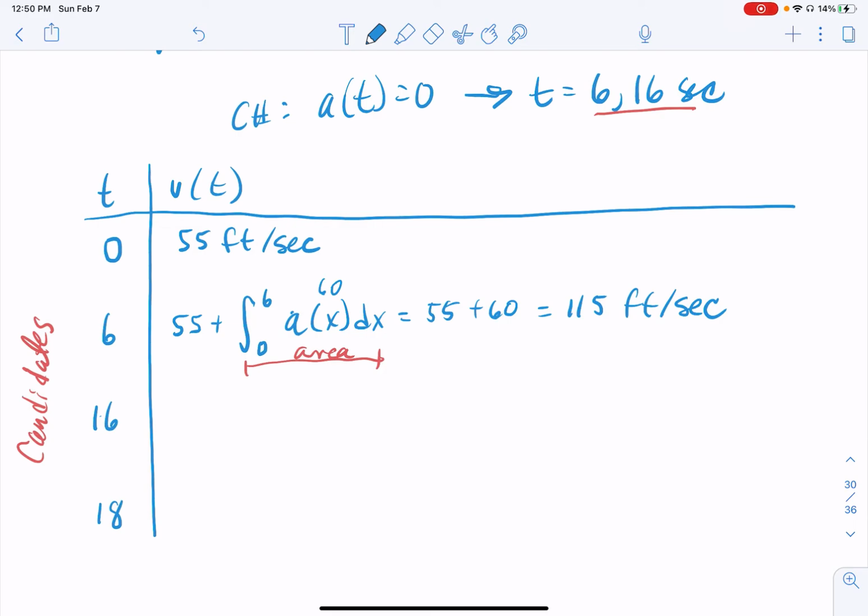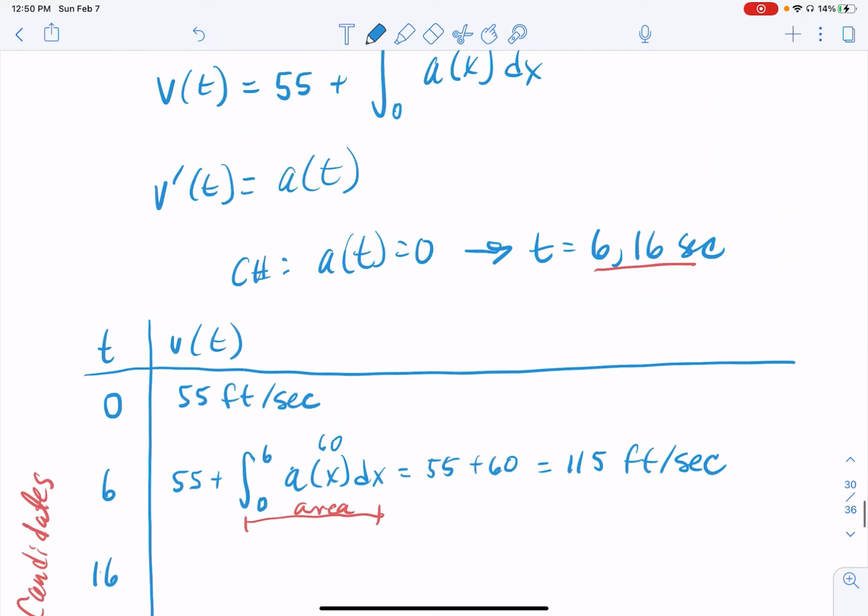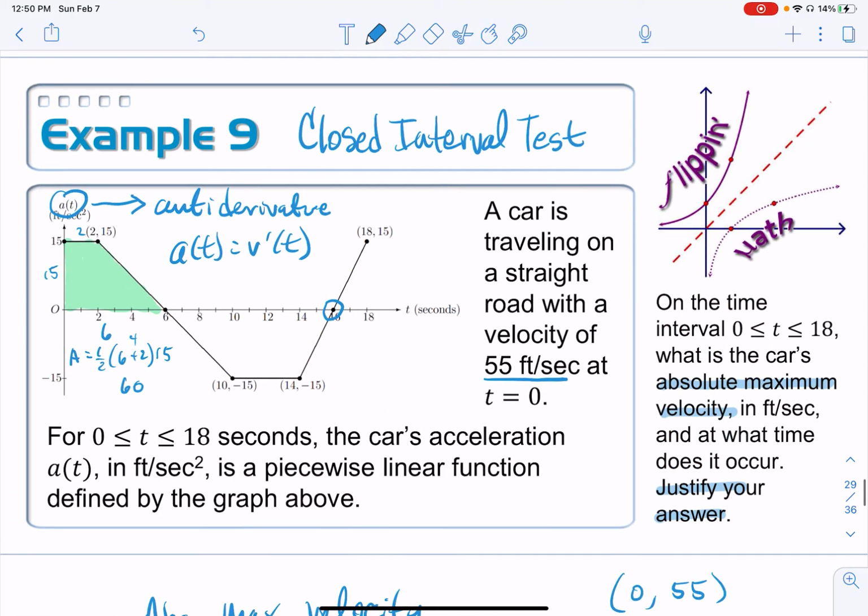So obviously we have 6 is winning, but let's think about this for a second. If I start at 55 feet per second at time t equals 0, then since my derivative is positive, that means that as far as the velocity equation is concerned, it's going to increase, right? My velocity is increasing till I get here.